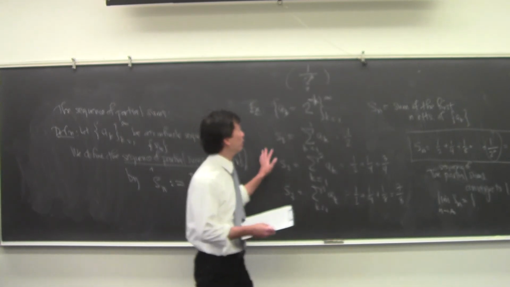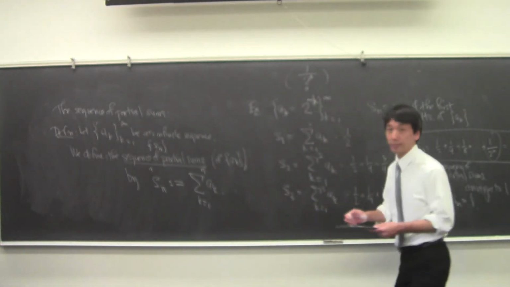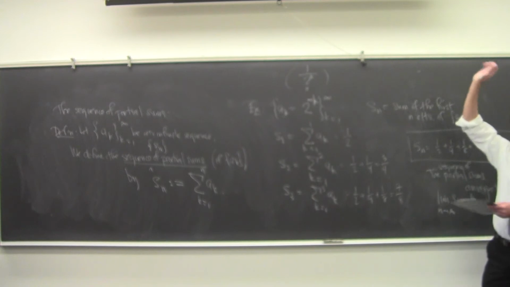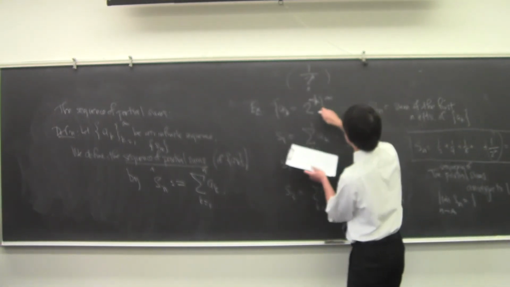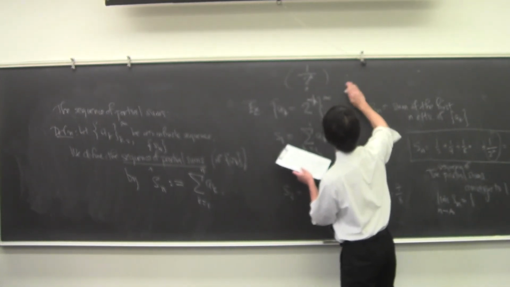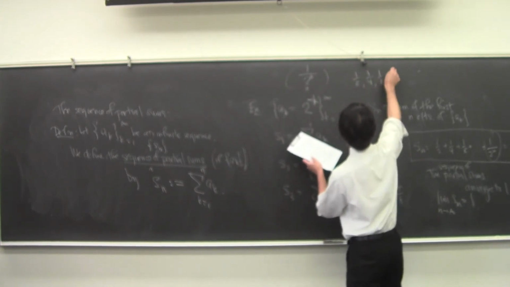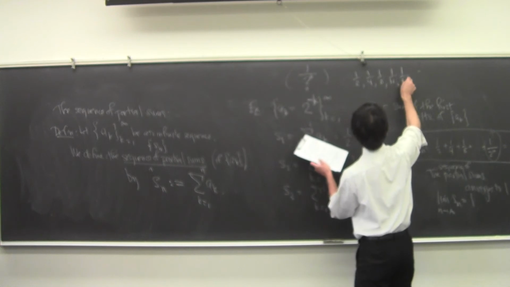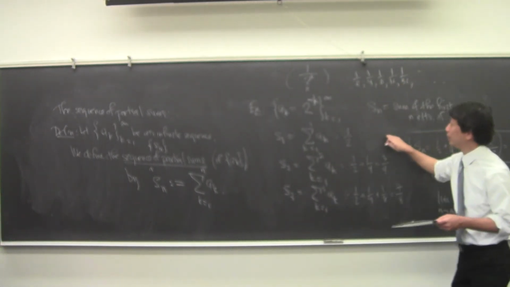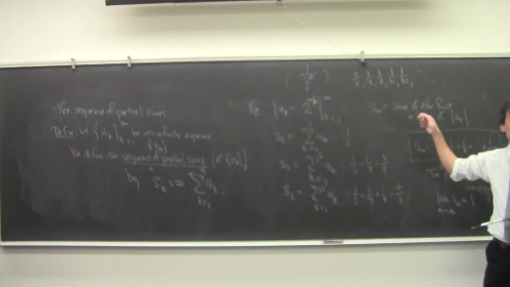Okay, let me say this again. We started with a sequence, 1/2, 1/4, 1/8, 1/16, 1/32, and so on. And then we looked at the sequence of partial sums.